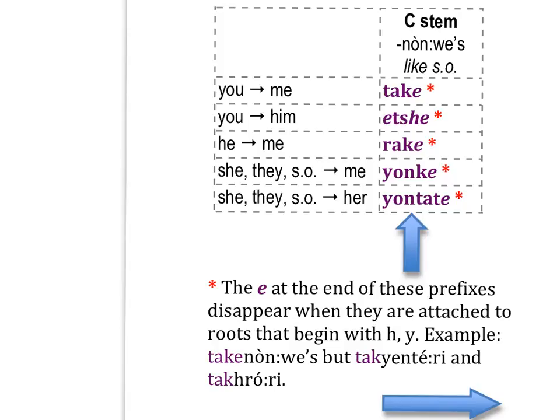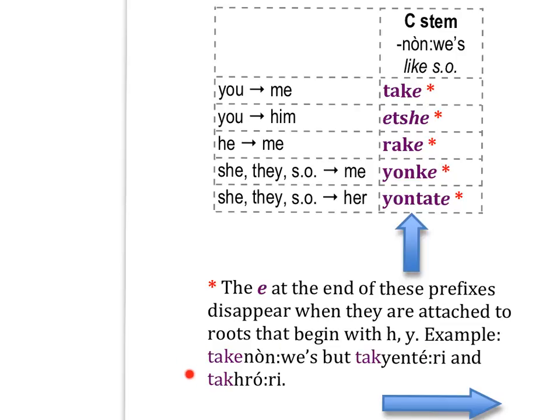This first area, we are looking at these italicized letter E's at the end of these prefixes. This exception means that this italicized E at the end disappears when they're attached to roots that begin with the letters H or Y. This rule is going to come into place for us because we are working with the root yachts.